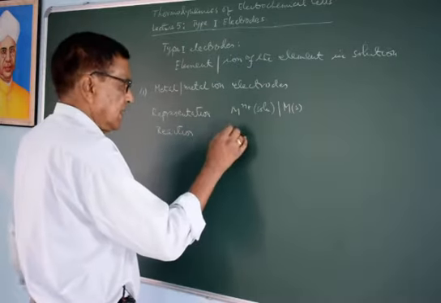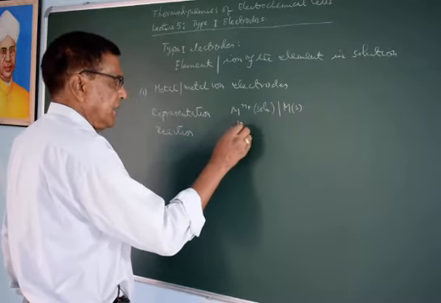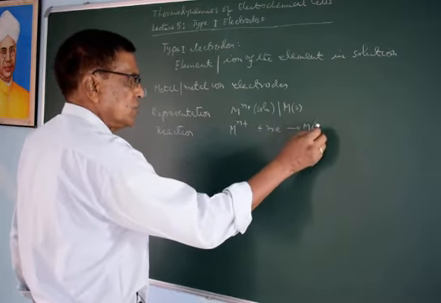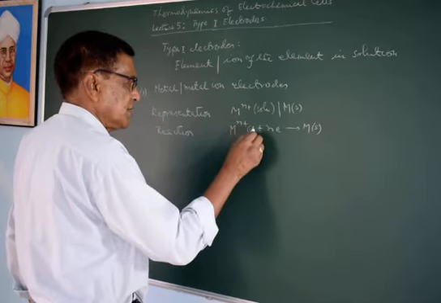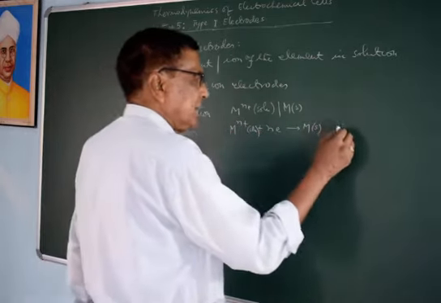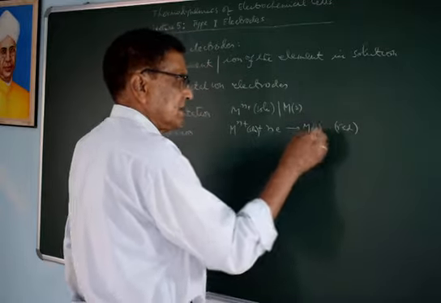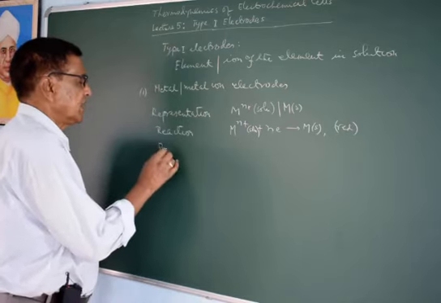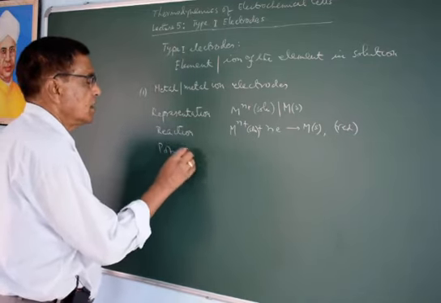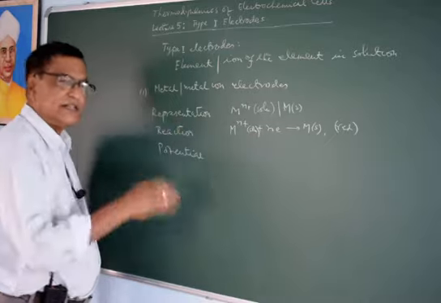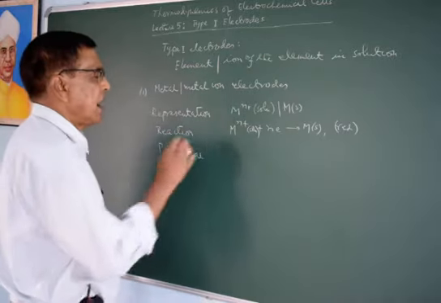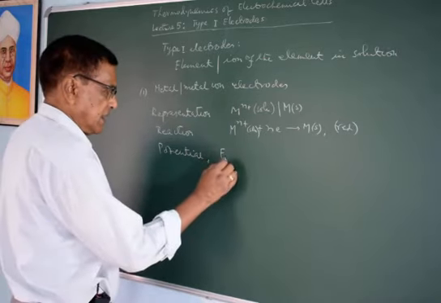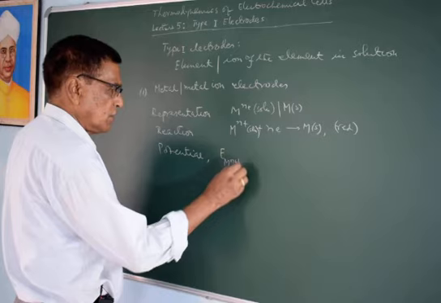The electrode reaction is M^n+ plus ne giving M solid. This electrode process is the reduction process, and so the potential of this electrode is obviously the reduction potential.